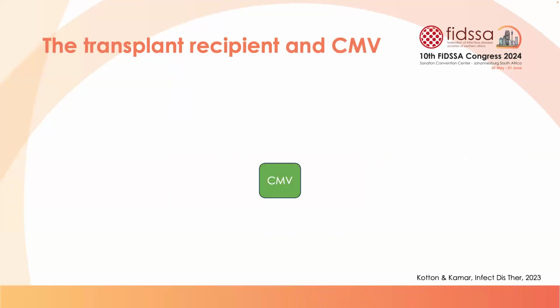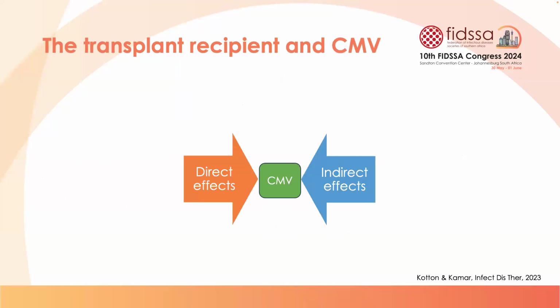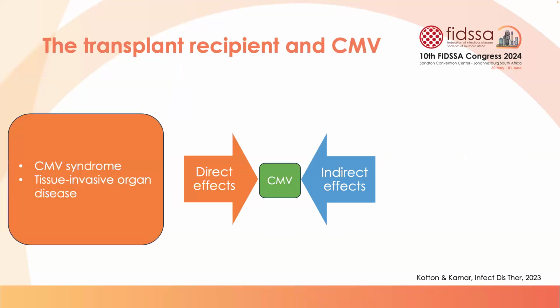What kind of problems does CMV cause for the transplant recipient? Well, you get the direct effects, those I spoke about just now, in terms of CMV organ disease and CMV syndrome, but also the indirect effects. These are effects that do not occur directly due to the virus and its cytopathic effect, but do occur due to the immunological effects of the virus.